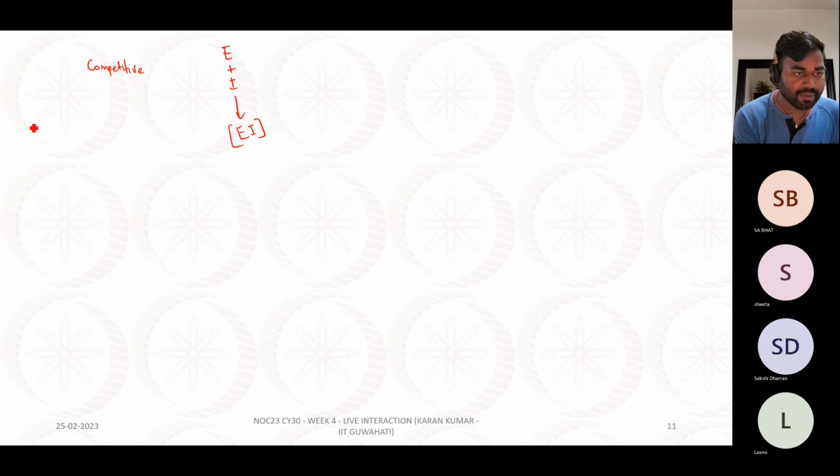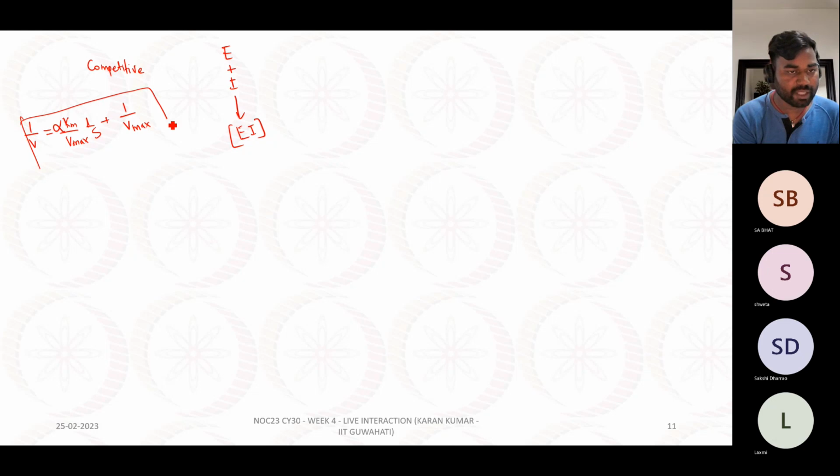And your Lineweaver equation will be 1 by V is equal to Km by Vmax into (1 plus I by Ki) into 1 by S, plus 1 by Vmax. And it only changes the slope. Your intercept will be the same. So this is your competitive.